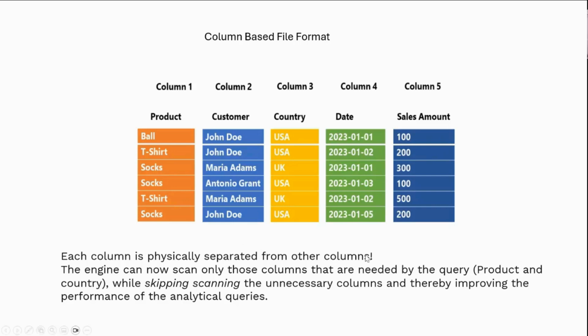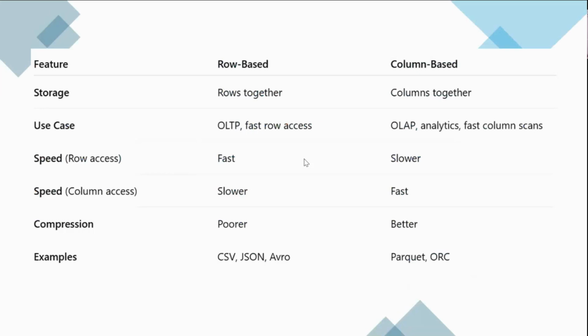If no, then now let's compare the difference between these two. In case of row-based file format, the rows are stored together, whereas in case of column-based, the columns are together, meaning it's in the columnar format, which are physically separated.